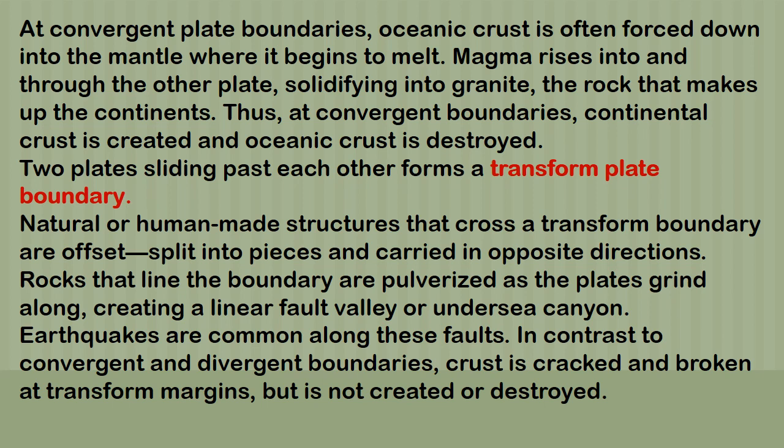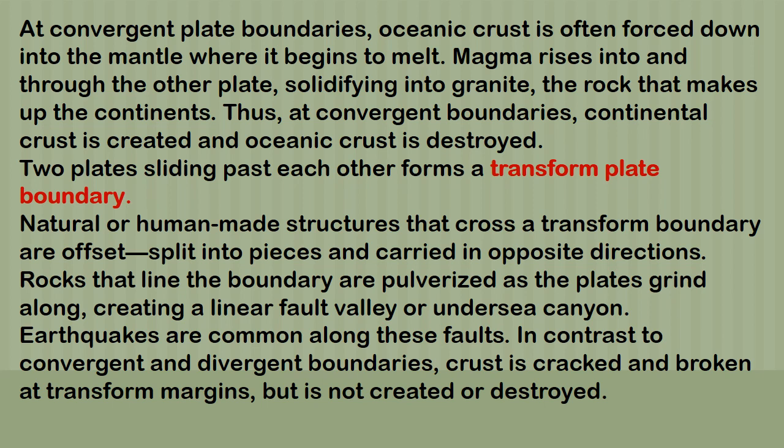Two plates sliding past each other form a transform plate boundary. Natural or human-made structures that cross a transform boundary are offset, split into pieces and carried in opposite directions.